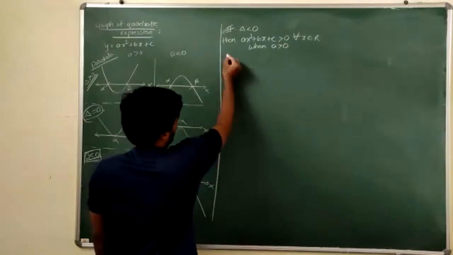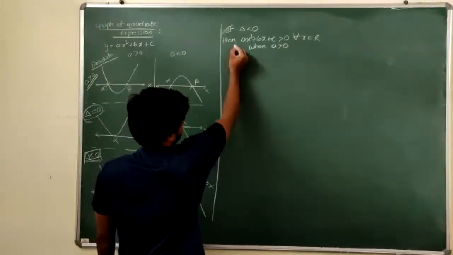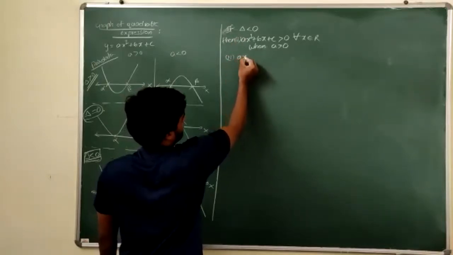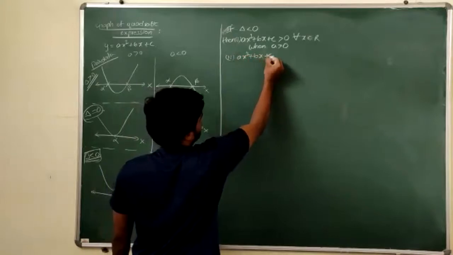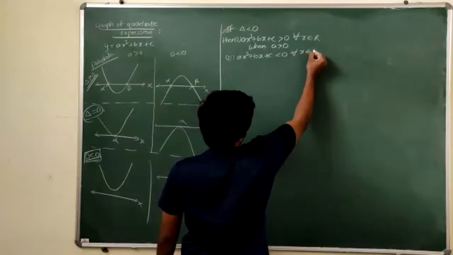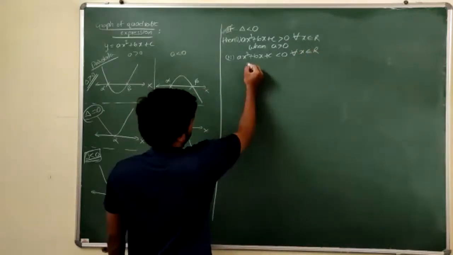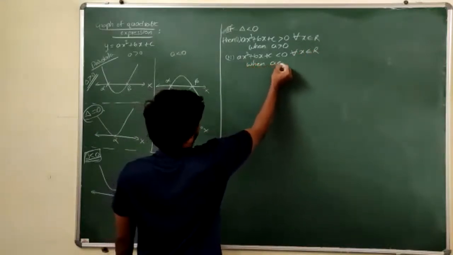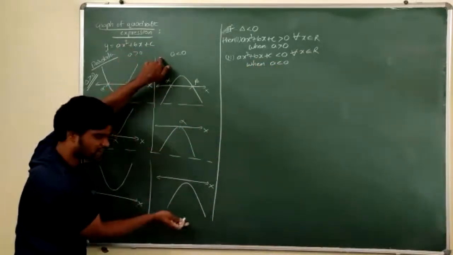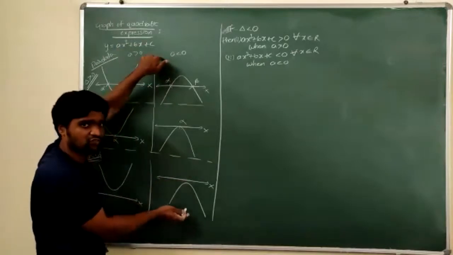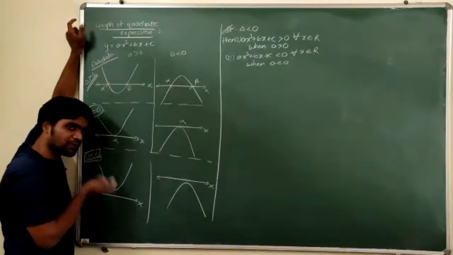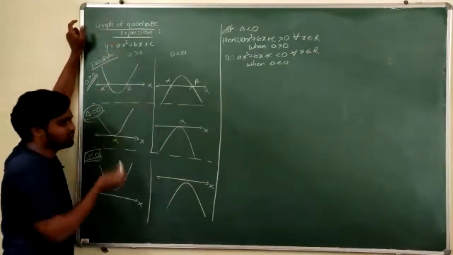And ax square plus bx plus c is negative for all x belongs to R when a is negative. When a is negative, the entire graph is below x-axis, which means value of y is always negative. Here when a is positive, entire graph is above x-axis, which means y value is always positive.